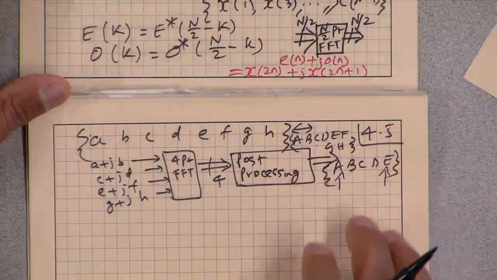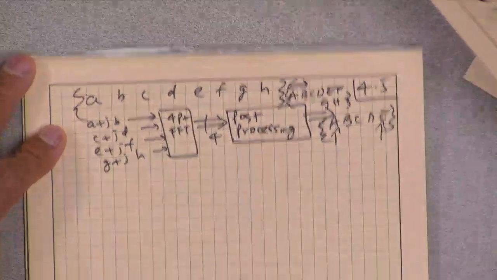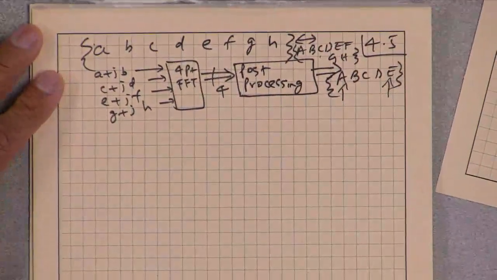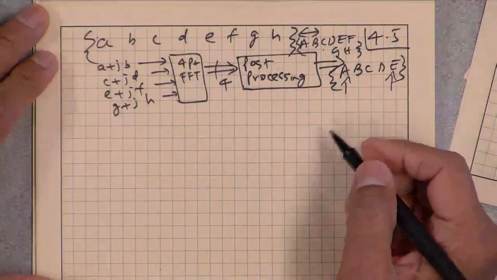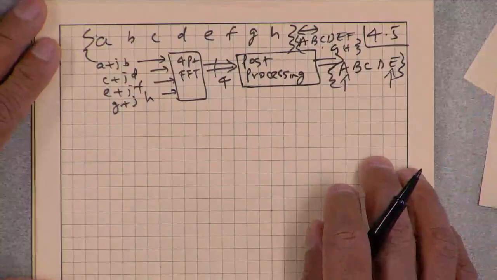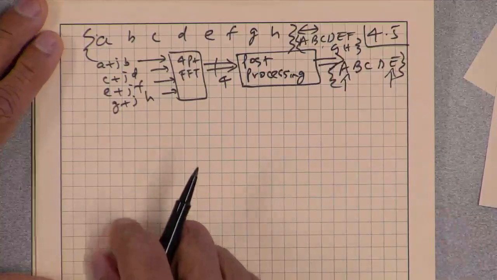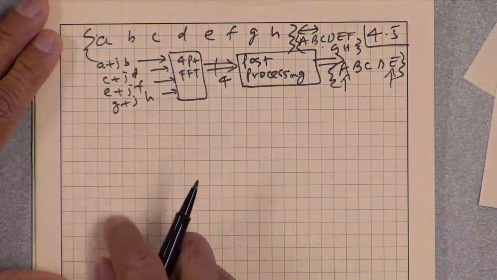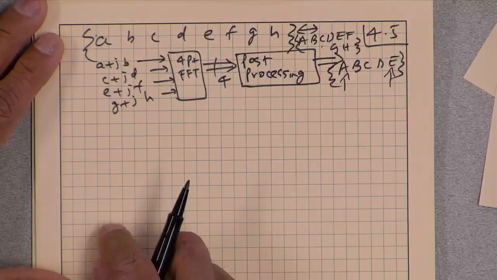We'll do some post processing to compute x0 to xn by 2.